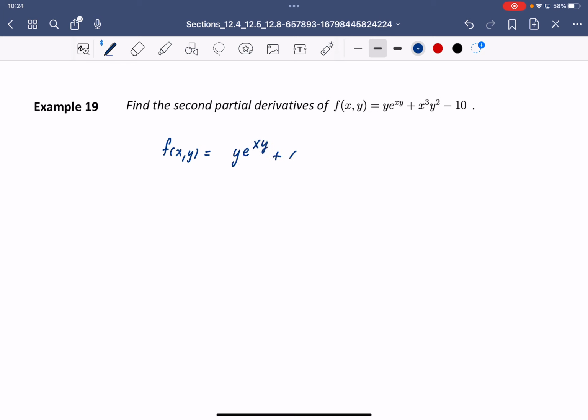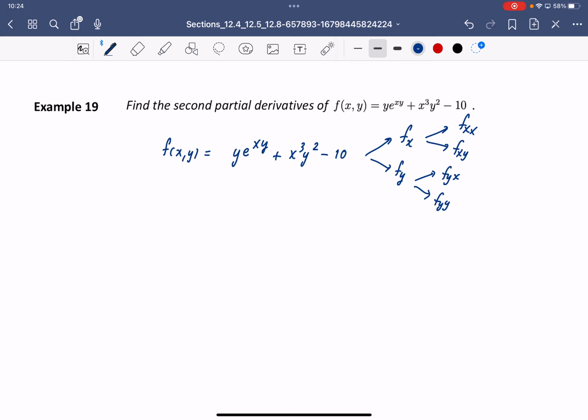When you do second order derivative, you're gonna do f subscript x first, and then f subscript y. Later you can do fxx, fxy, fyx, and fyy after.